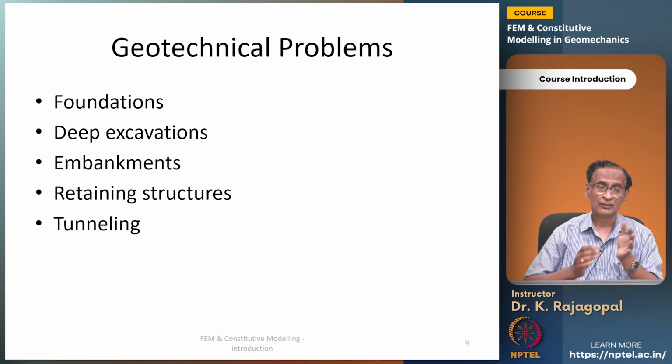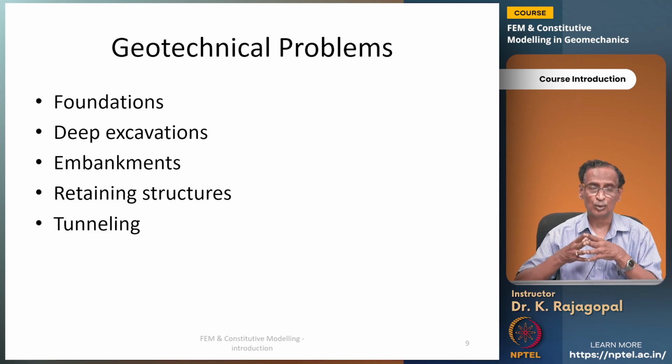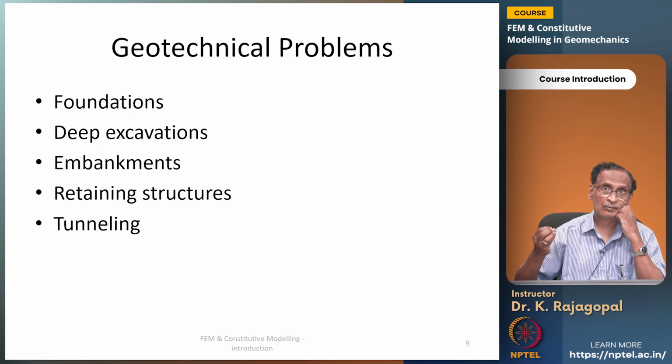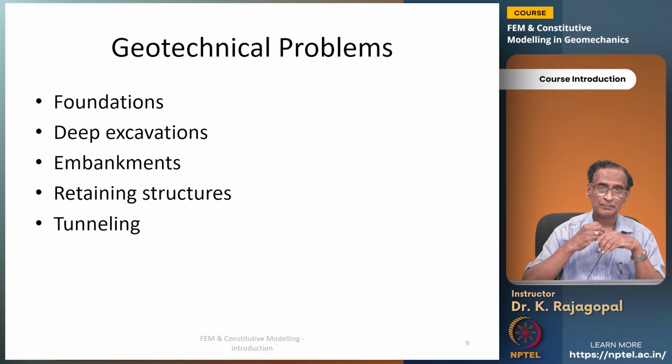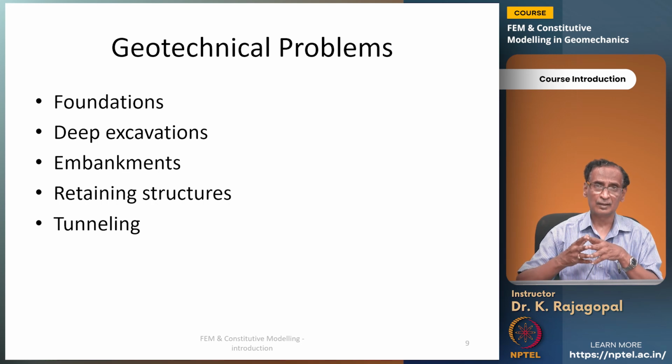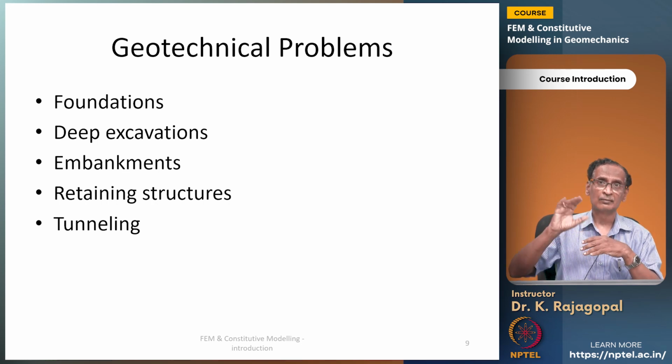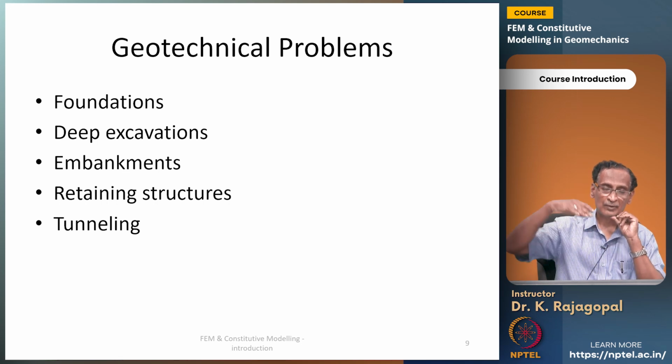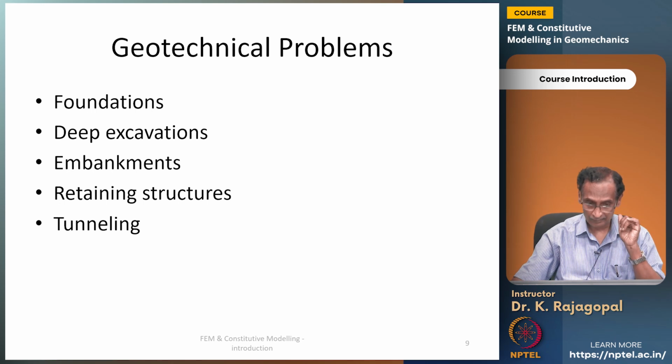Then tunnels. Tunneling is one of the most complicated engineering activities, and especially tunnels through city areas are really complicated, because we need to be doubly sure about the safety of the structures that are there above the tunnel.